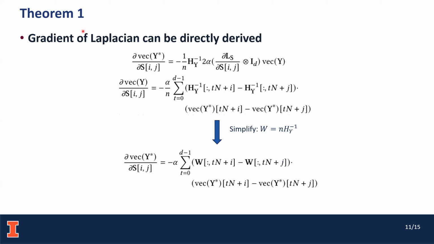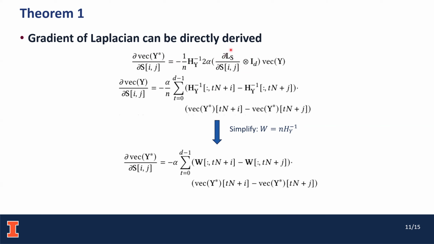This is for the first part, and continuing on the calculation of the influence function, we get the following form from the previous slides. The Laplacian here, if you may be familiar, is the degree matrix minus the original matrix.